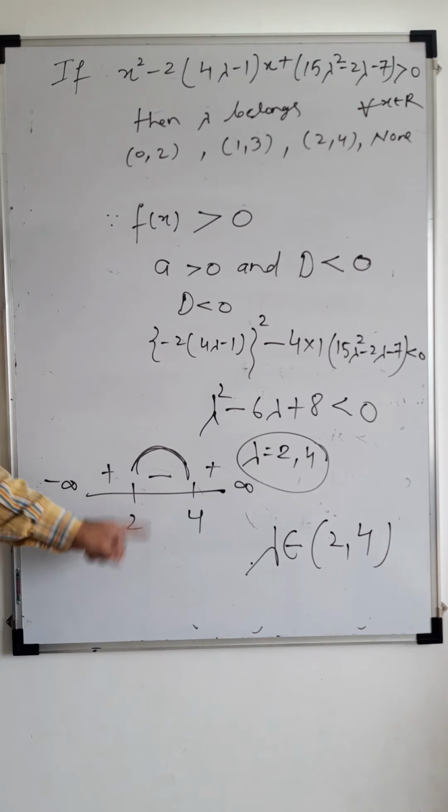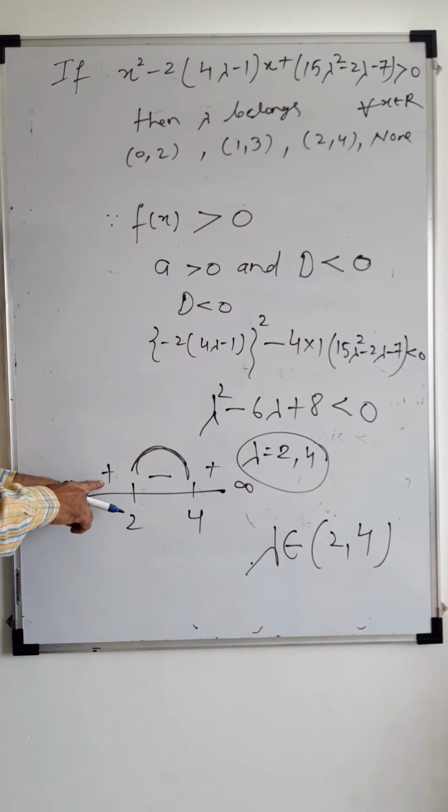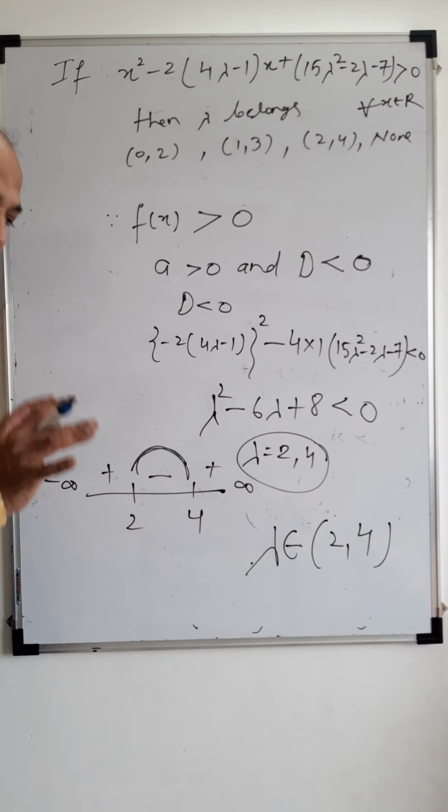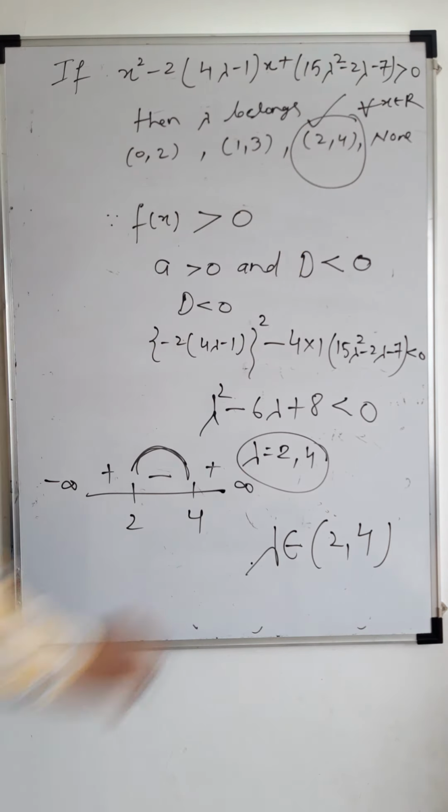Since it's an even factor, we started with plus, minus, plus. Fine. So lambda belongs to 2 to 4 is the correct answer. Fine, so I believe the last two sums, what we did, all of you understood.